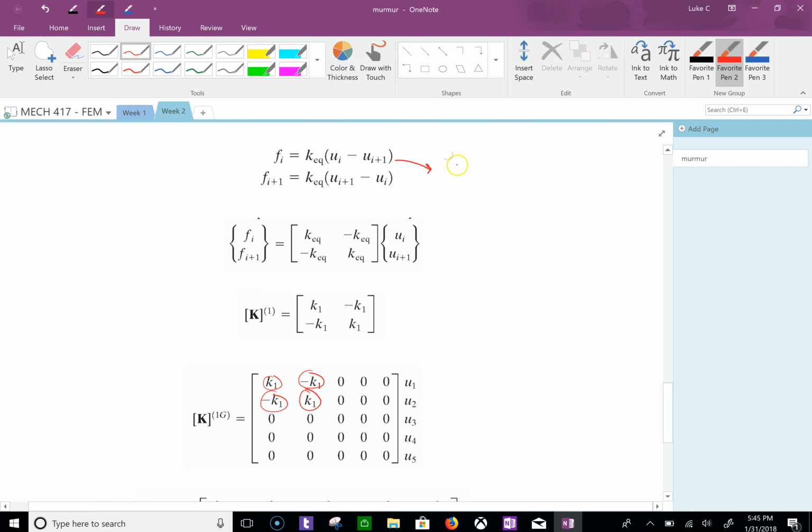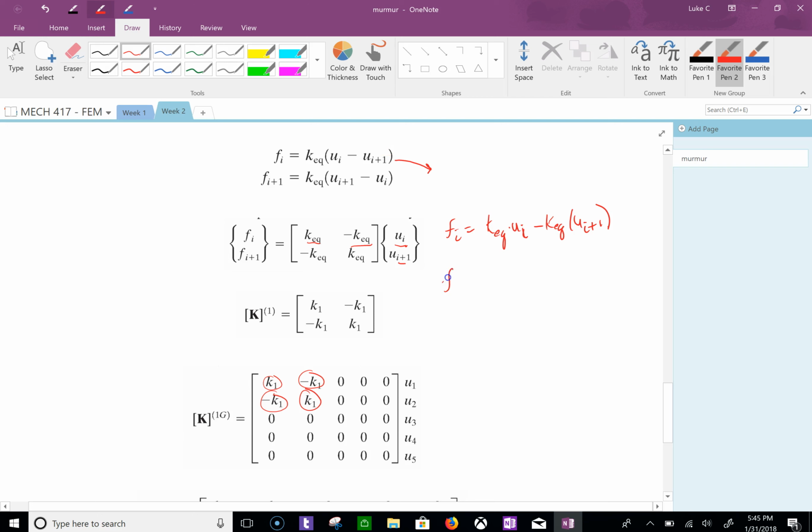There's a positive value in front of Ui and a negative value in front of Ui plus 1. So if we take this matrix, that states Fi equals, we take this, multiply by that, KEQ times Ui, and then we multiply this one by that one, minus KEQ times Ui plus 1, which should give us the top equation.